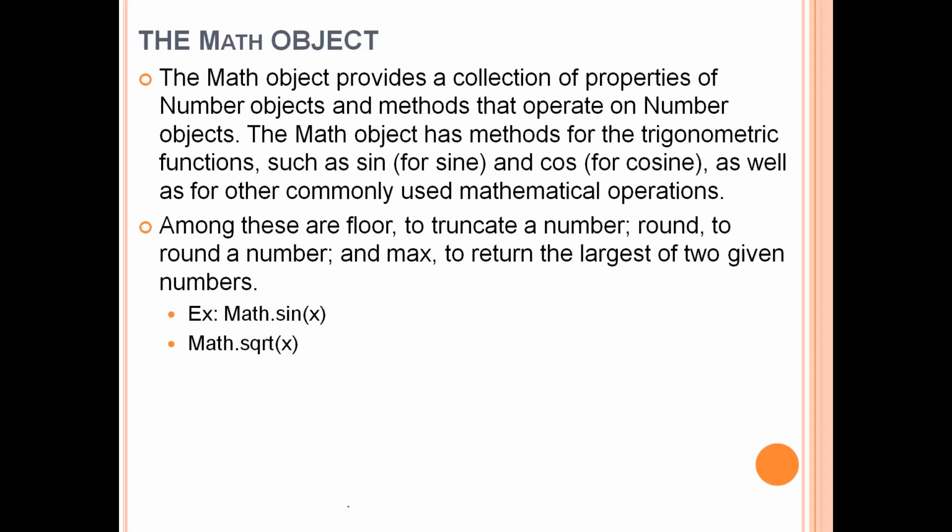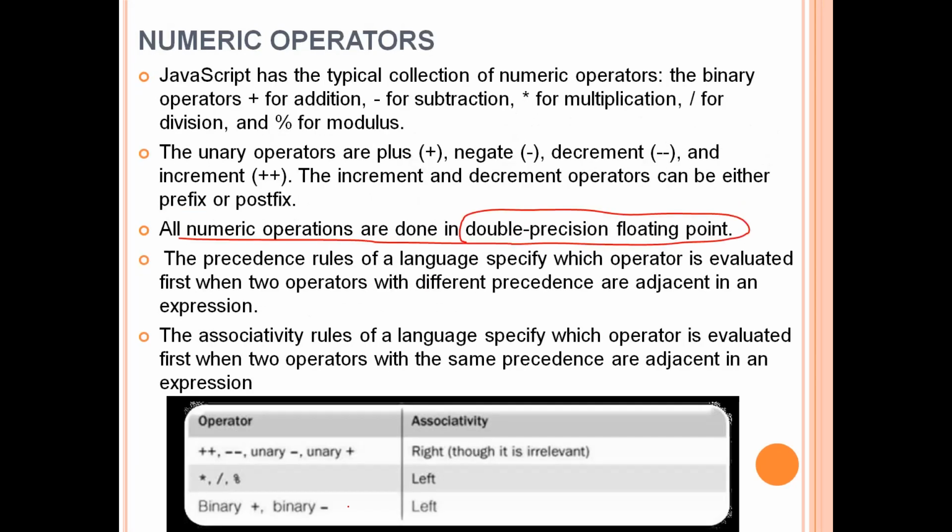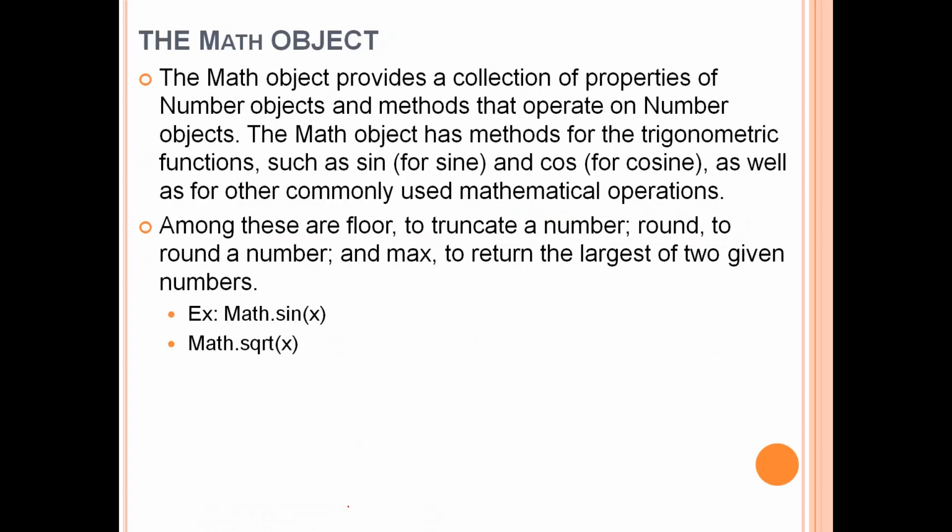Next important object. Now we have seen the different primitive types in JavaScript, that is number, string, boolean, undefined. Only one type, that is null, remains, which will be introduced in the next session. Now one more important object, a predefined object available in JavaScript, is the math object.